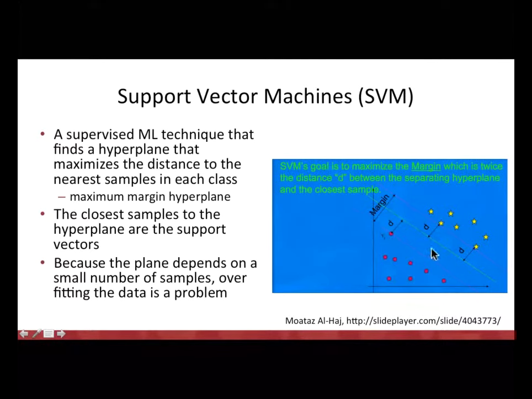So the margin is this boundary here that separates the two groups, and the line sits right in the middle of it. So I'm trying to calculate that line. Now remember, this is only in 2 dimensions, and I pointed out to you that almost all of our problems are high dimensional. So it's not a line, it's what's called a hyperplane. Imagine if you have a 4-dimensional feature vector that you're trying to classify with, then that line is 3-dimensional.